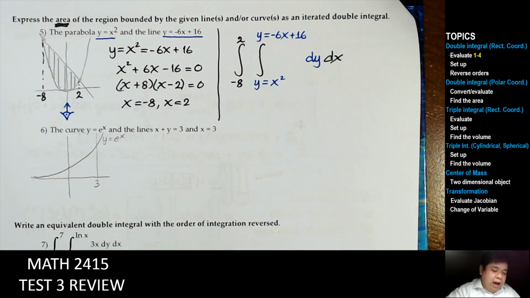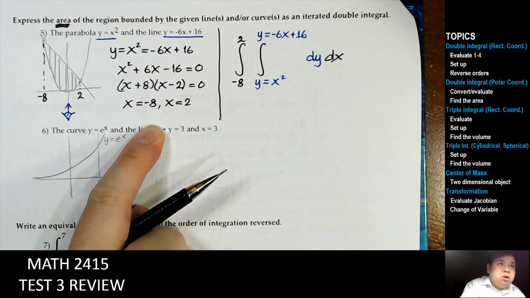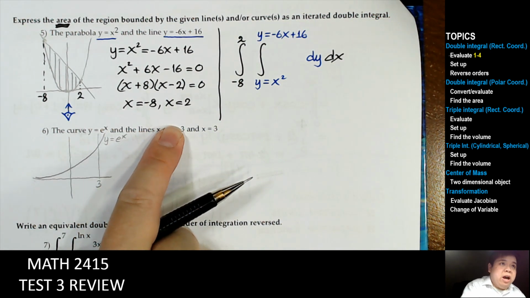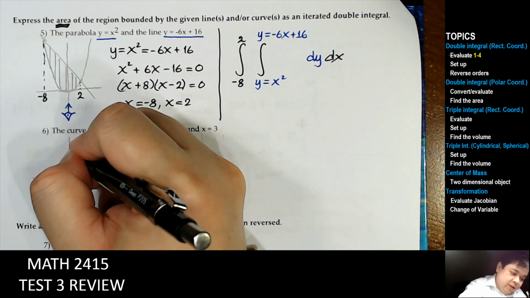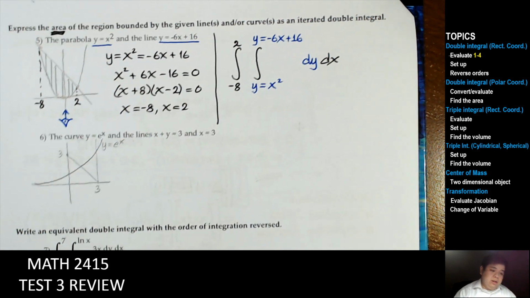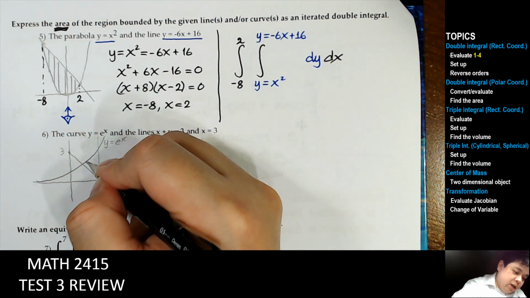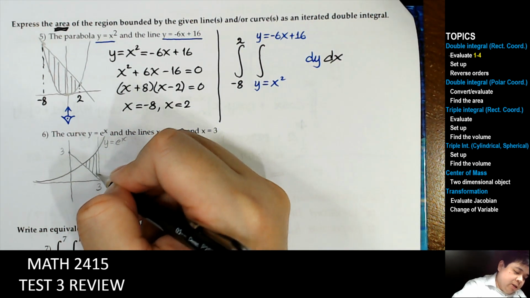And x plus y equal to 3. When x equal to 0, y is equal to 3. When y equal to 0, x equal to 3. So the region is bounded by these 3 functions. Looks like we're talking about this here.